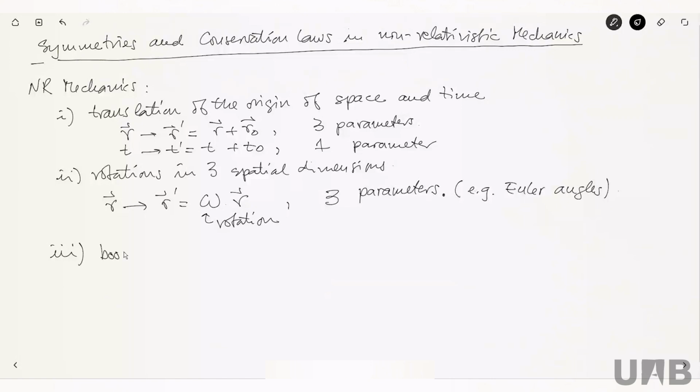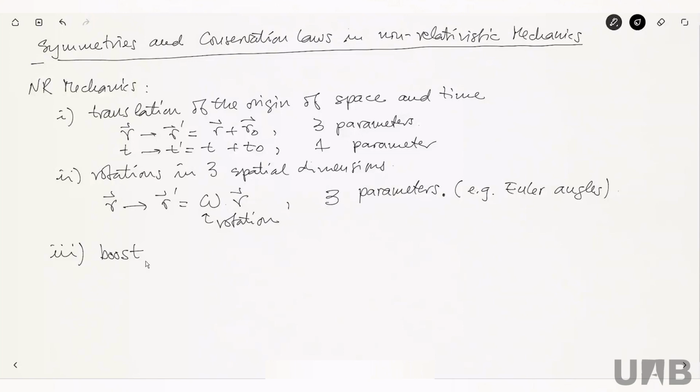When the system goes with a velocity relative to your system. Right. So a boost is a change of reference frame. That means that we move with a constant relative velocity relative to the other system.